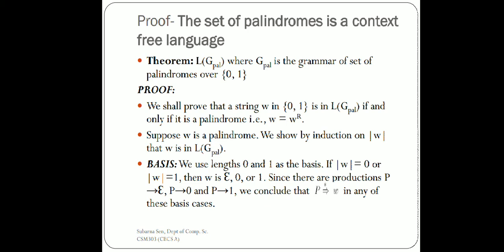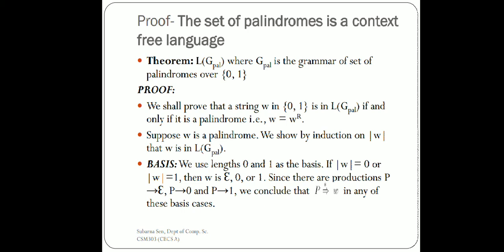What are the basis? Epsilon, 0 and 1. These are the basis strings that are possible to be palindromes, and these are possible using the production rules. P can derive epsilon, P can derive 0 or P can derive 1. So we can conclude that whatever strings are generated, that is P can derive W, it is a palindrome only for these basis cases.